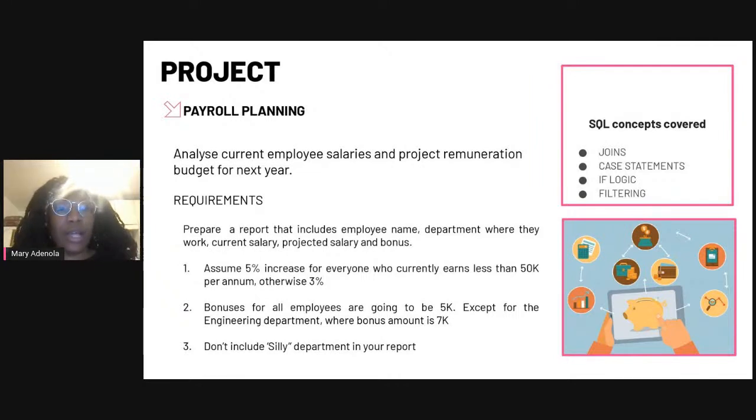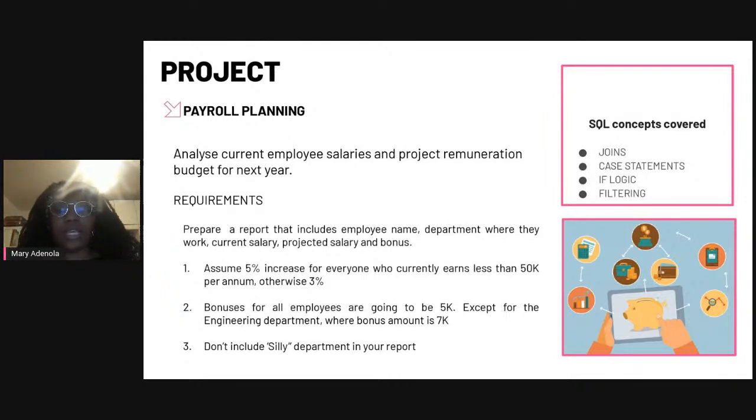The case statement is sort of like an if statement. So if employees earn less than 50K, do this, else do this. It's kind of like an if statement, but it allows you to consider multiple scenarios. So that's why you use a case statement in SQL instead of an if statement. But notice the second point. It says bonuses for all employees are going to be 5K, except for the engineering department where the bonus amount is 7K.